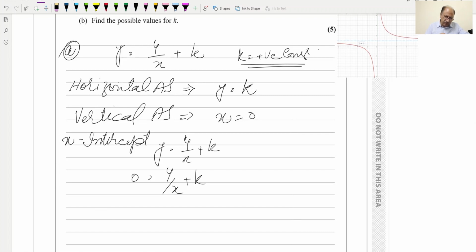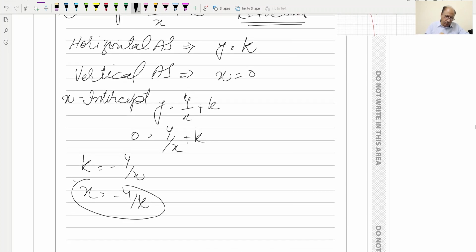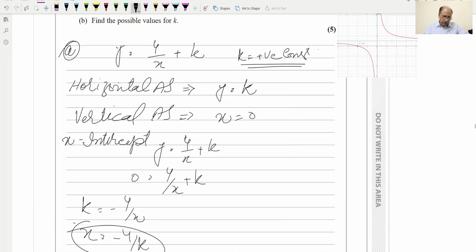First shift k to the other side, so k is equal to minus 4 over x, or x is equal to minus 4 over k. So the point will be minus 4 over k and 0. This will be the x-intercept.